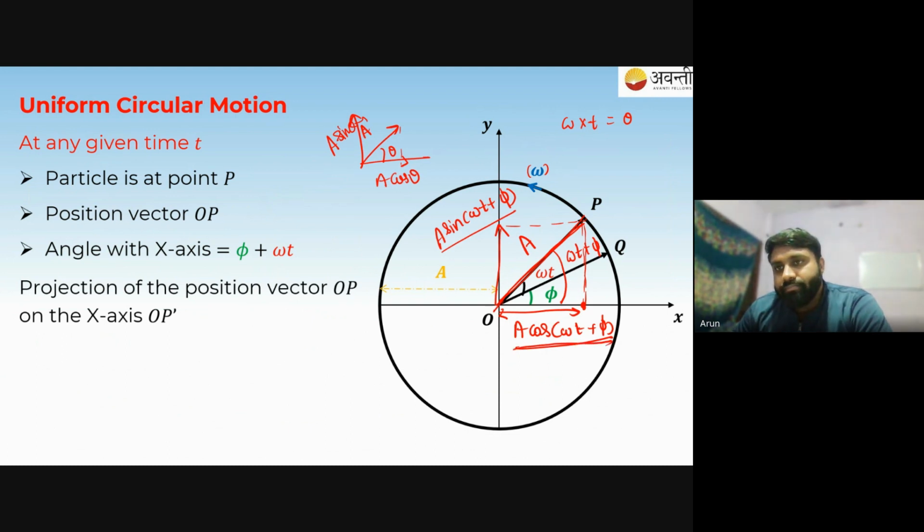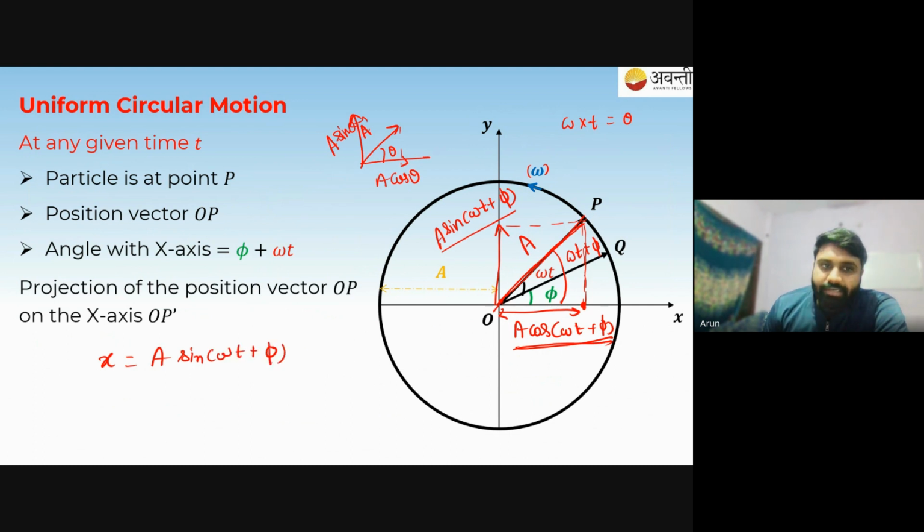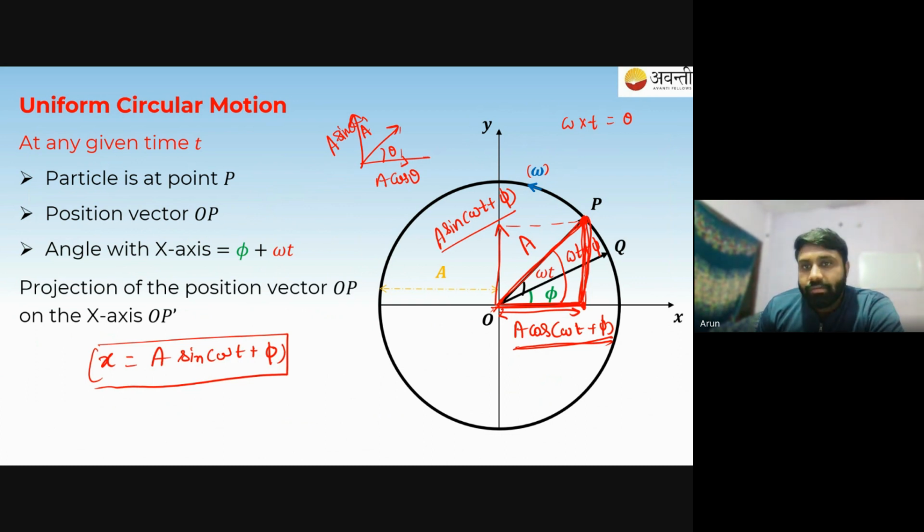According to the definition, we consider x equals a sin(omega t plus phi) or delta to describe SHM. So this is the equation of SHM, which means that about the diameter of any circle, if uniform circular motion is happening, the motion observed about the diameter is simple harmonic motion.